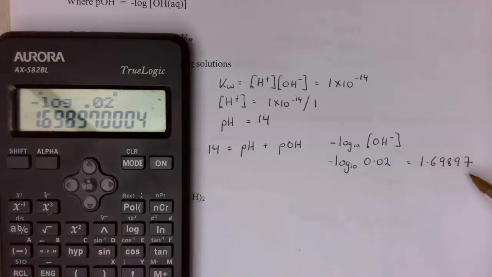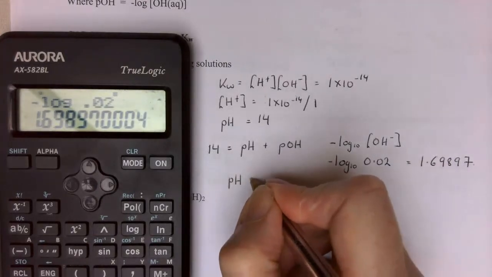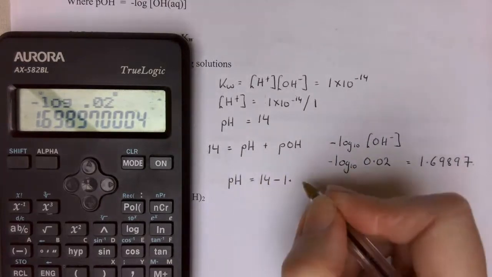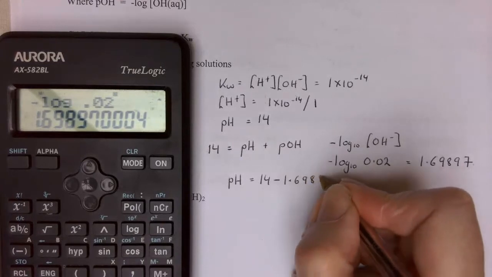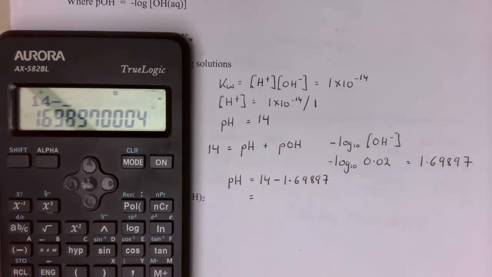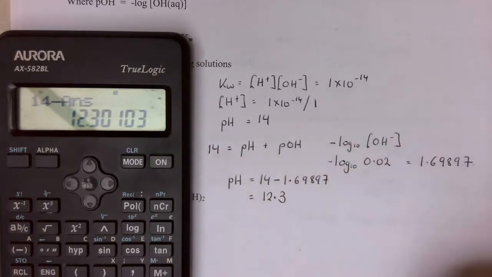So doing that on the calculator, I get 1.69897, and therefore to find the pH, it is simply 14 minus that number. So the pH is 14 minus my answer, and it comes to 12.3. Either method is perfectly acceptable.